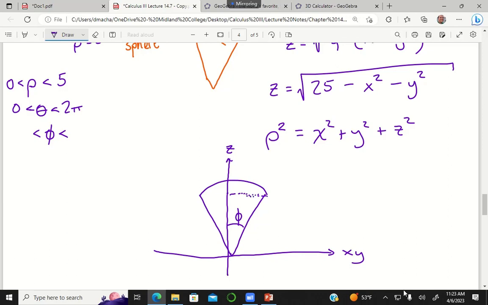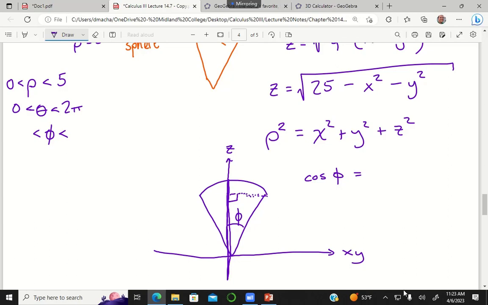And to get this angle, I have to use some kind of trig function. I think my conversion formula would tell you that cosine of phi would be the adjacent side over the hypotenuse of this triangle.